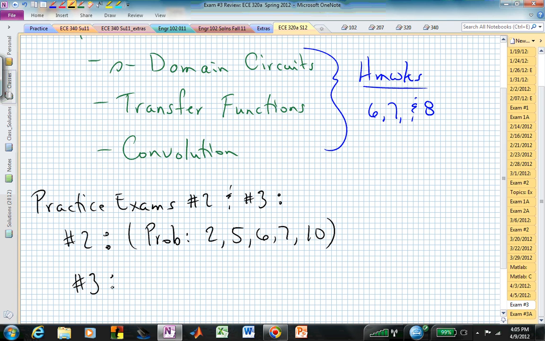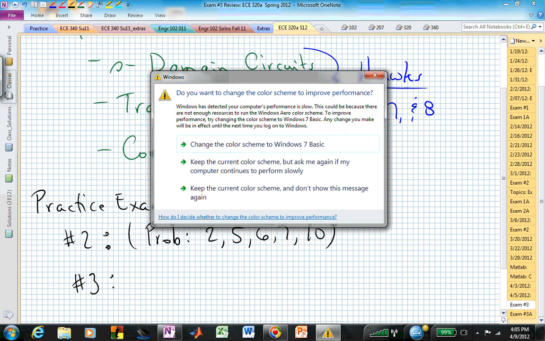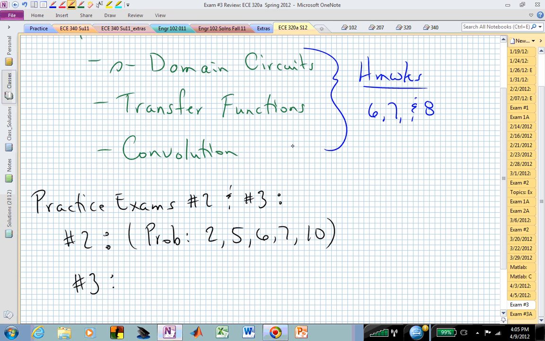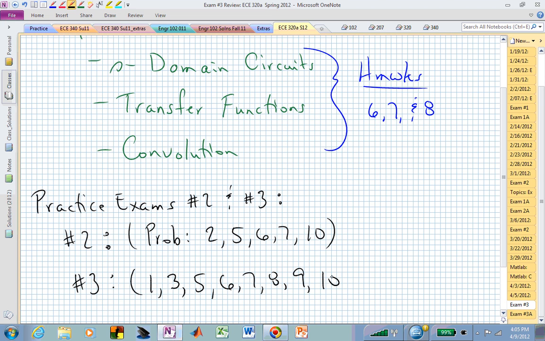Then on practice exam number 3, we haven't yet made it to some of those questions, but most of the problems you can be responsible for, and I would say those are problems 1, 3, 5, 6, 7, 8, 9, 10, 13, 14, and 15. Those, I think, are valid problems.